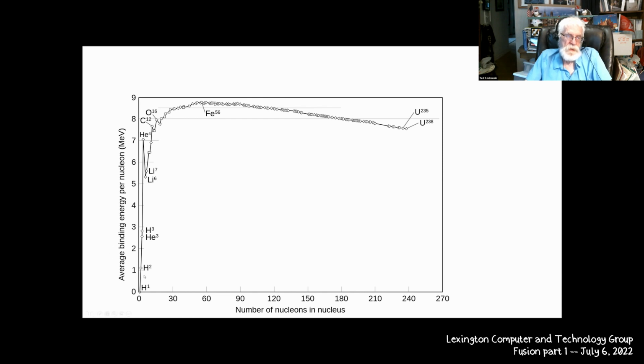As you go up this curve, you intersect this point where you have helium, and you also have, at essentially the same number of nucleons, tritium, or radioactive hydrogen. You'll notice there's a difference between helium and tritium.